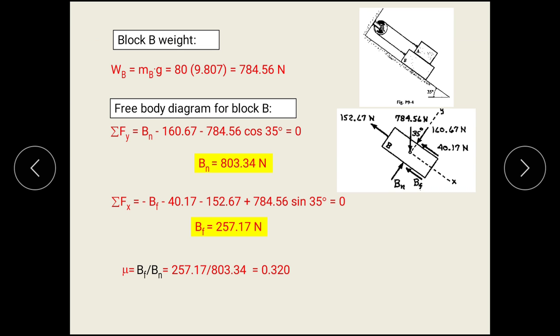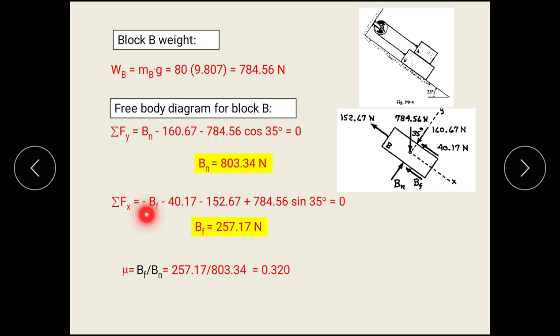Here the self weight of block B, 80 kg multiplied with gravitational acceleration, is converted into 784.56 Newton. Then we apply the equilibrium law of forces. Summation of forces in the y direction will give you BN, the normal force acting on block B, 803.34 Newton.